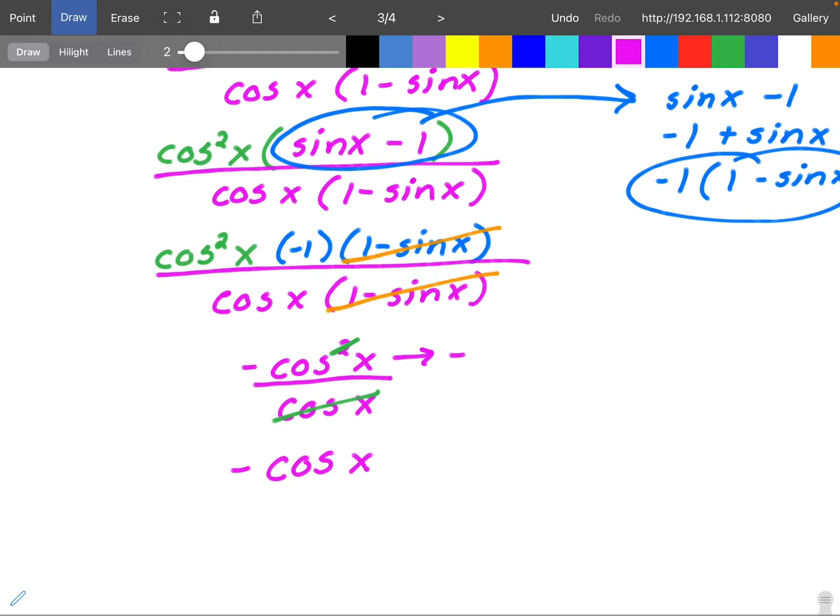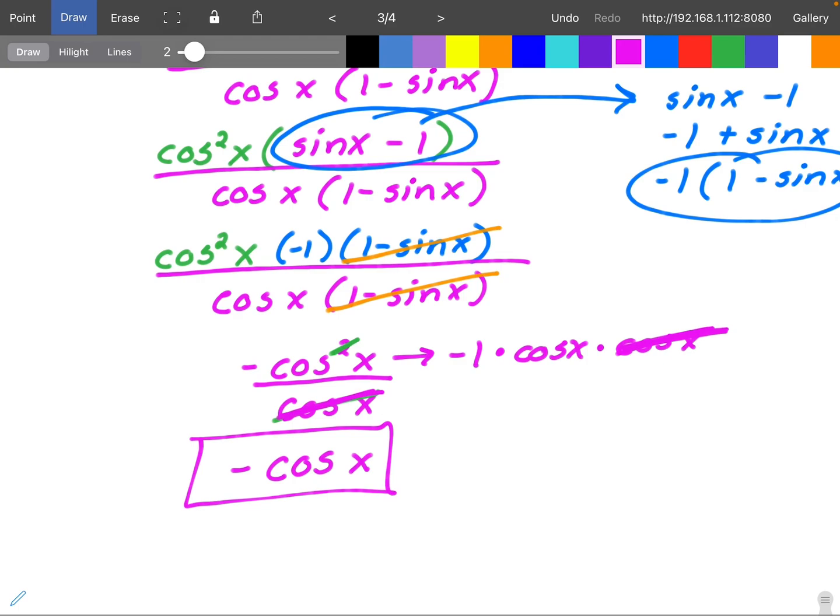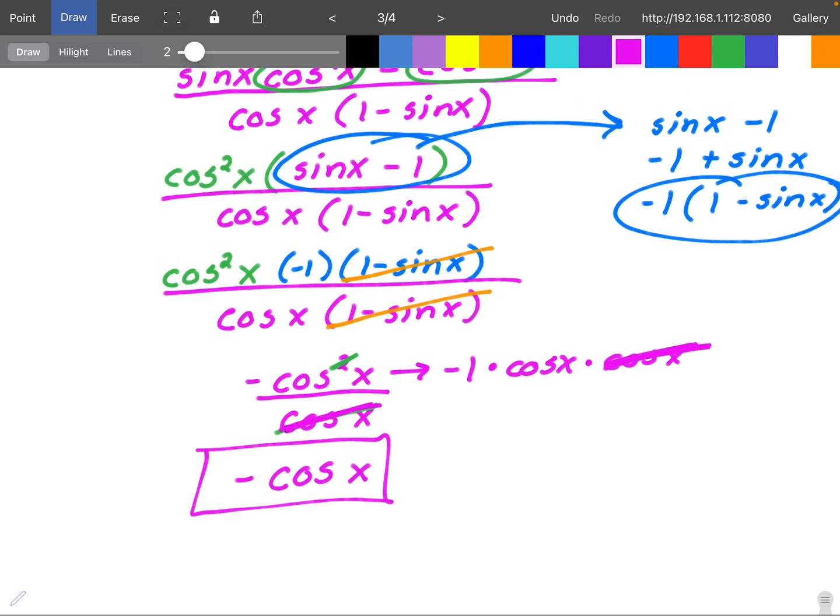Because remember, this was negative 1 times cosine x times another cosine x. So this cosine on the bottom canceled with one of these cosines and left us with negative 1 times cosine x, which is just negative cosine x. So that is your simplest answer.